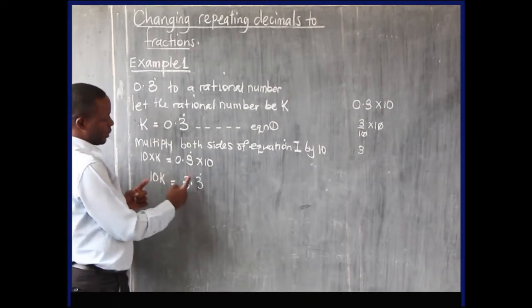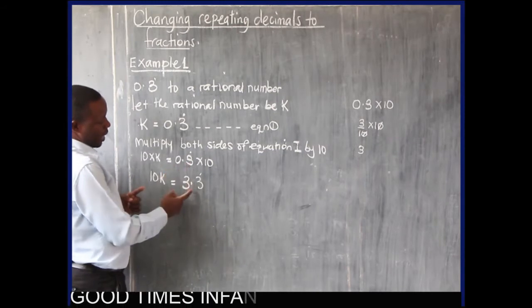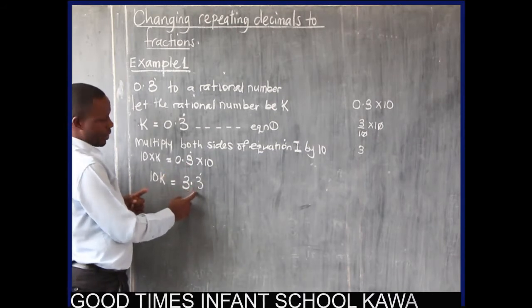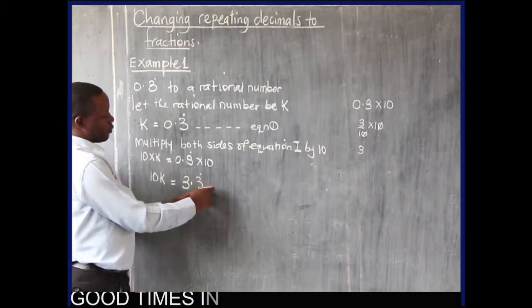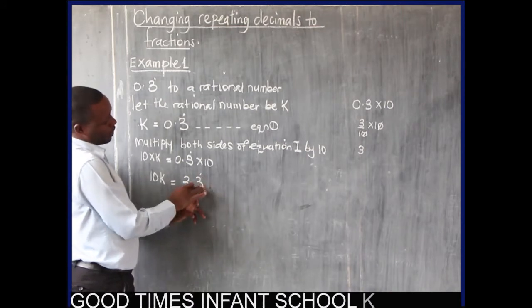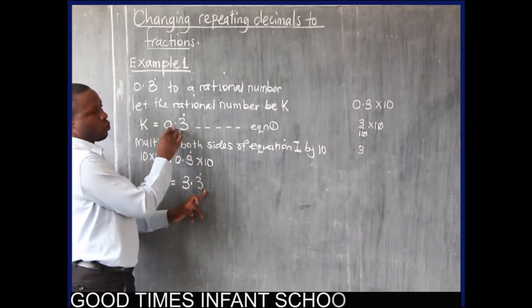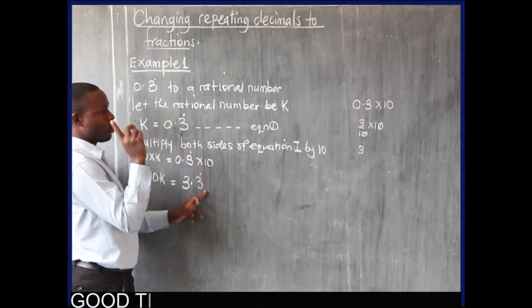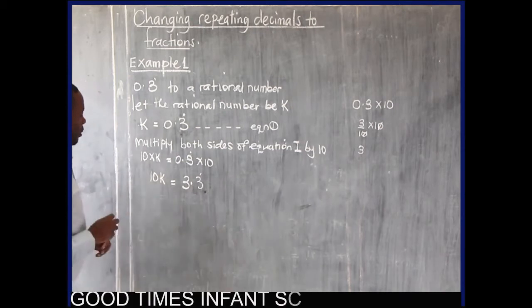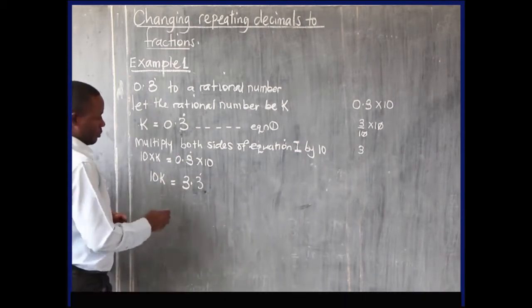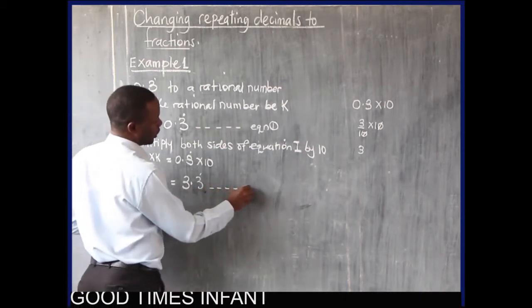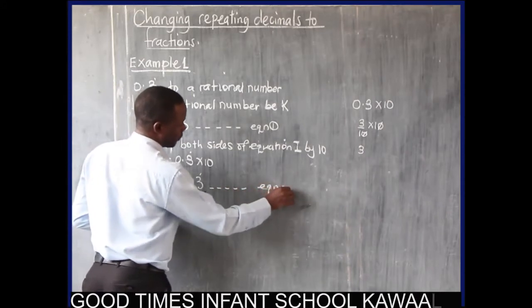Why 1? Because here we have one decimal place, and here we also maintain one decimal place. When you put another 3, it will give us 2 decimal places. Yet here in equation 1, we have 1 decimal place. Now, this is another equation. We can also call it equation 2.